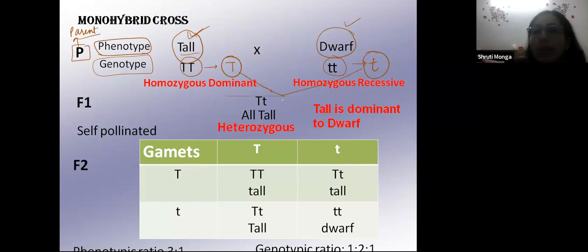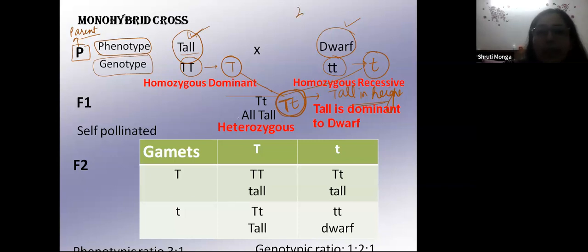F1 generation would be all plants like capital T, small t. That means T is the dominant trait because it expresses itself. So that means the plants would be tall in height because it has one dominant allele present in it. Again, I'm writing it. See it once again.